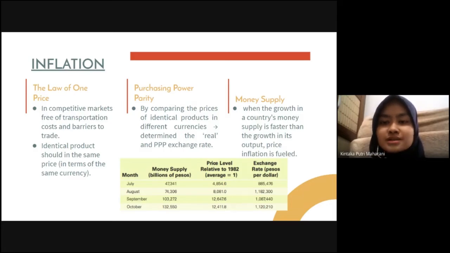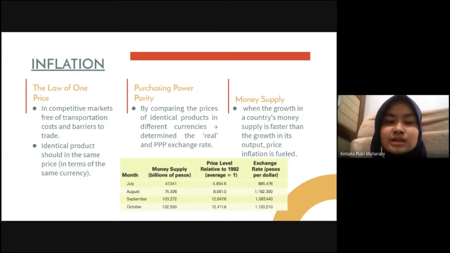So the result is an increase in credit and an increase in demand for goods and services. But if the supply of output does not grow as fast as the demand, the result will be inflation because the price will be higher in that period.